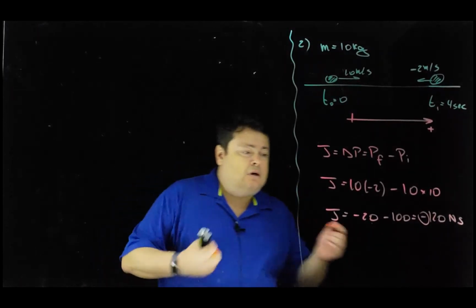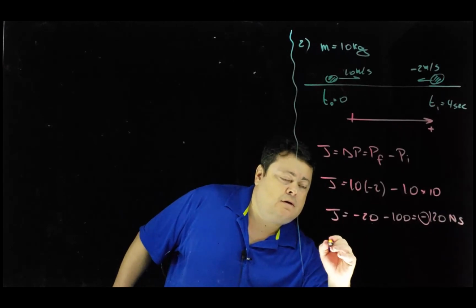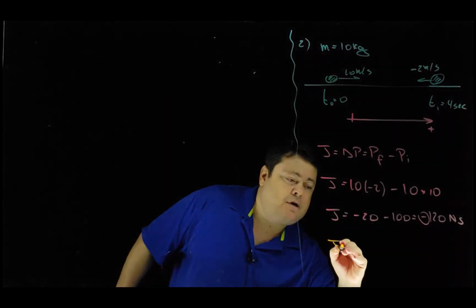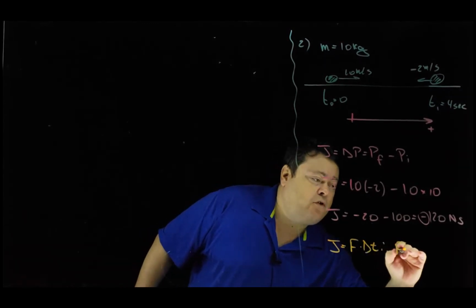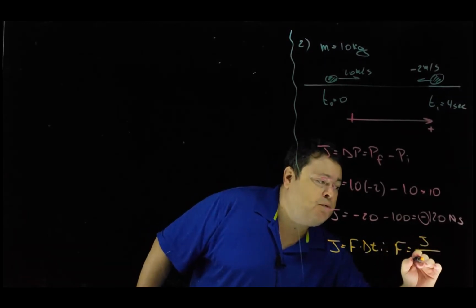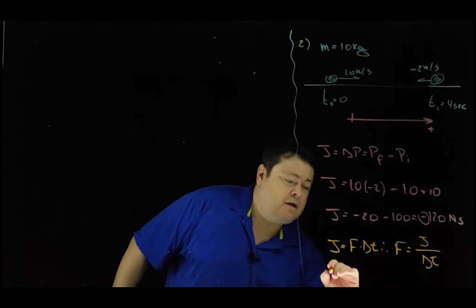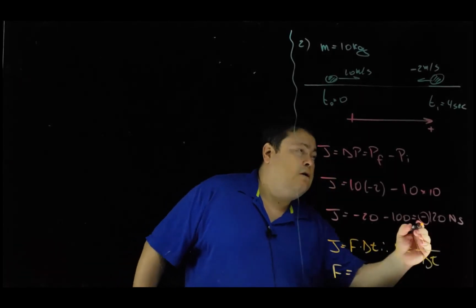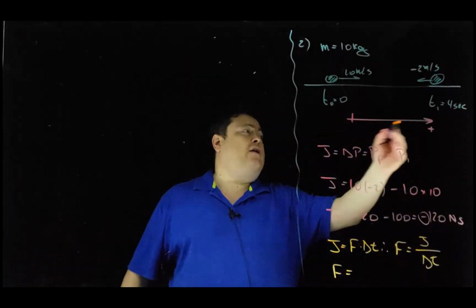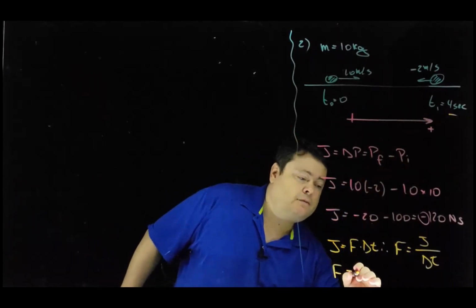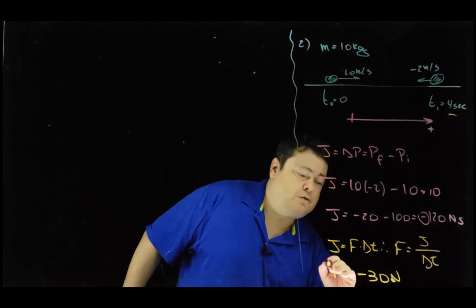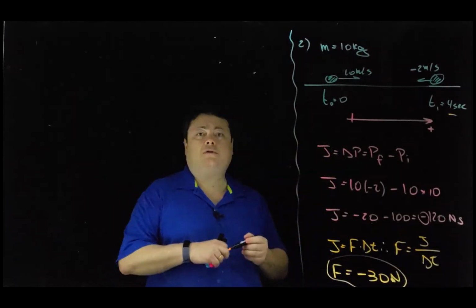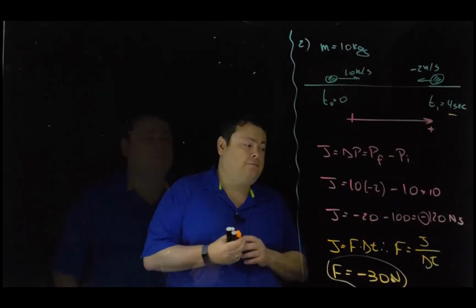Well, remember that impulse is force multiplied by time. So force is impulse over time, and then the force is negative 120 divided by 4. And that's going to give me negative 30 newtons, meaning 30 newtons in the negative direction.